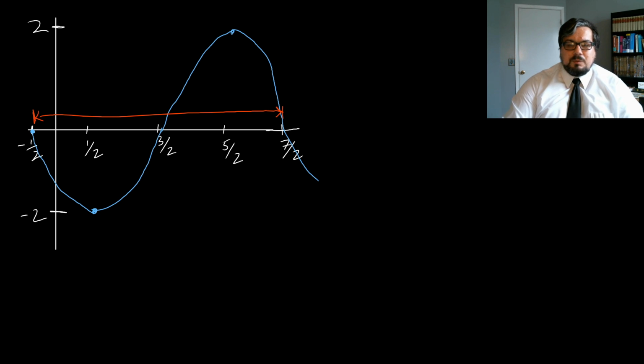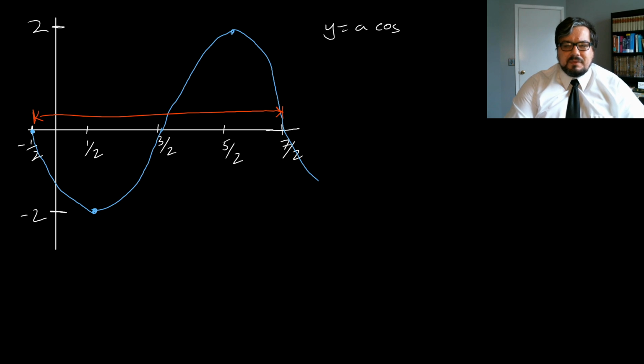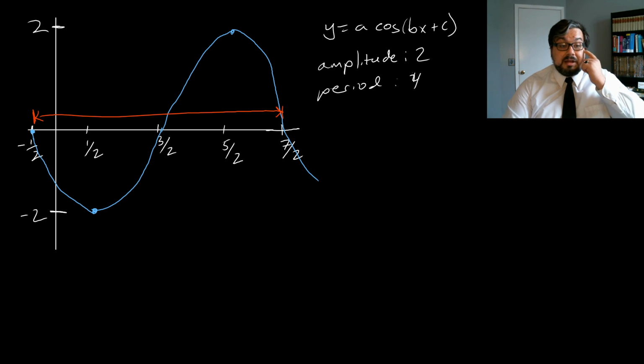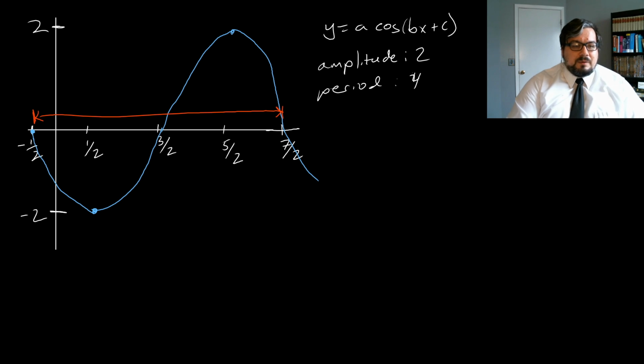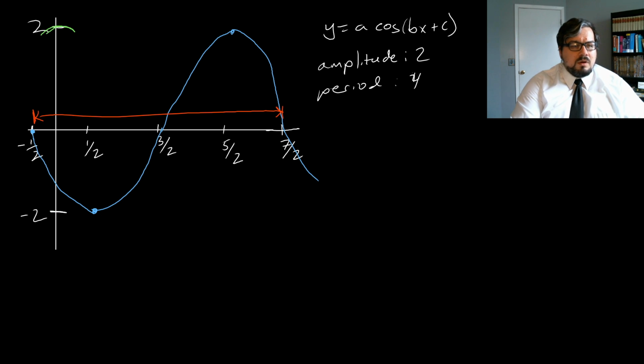So now we want y equals A cosine of Bx plus C. We have a lot of the same stuff. We have that the amplitude is 2, the period is 4, but the phase shift is going to depend on where exactly we shift to. So cosine normally starts up here.